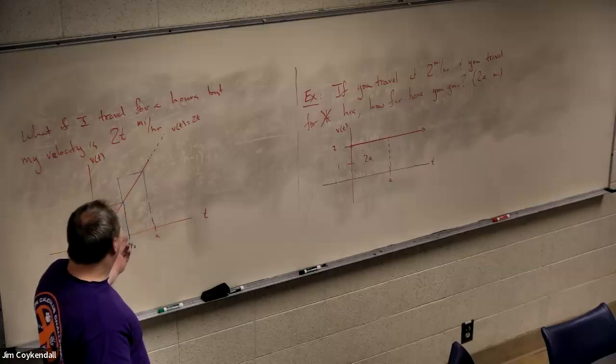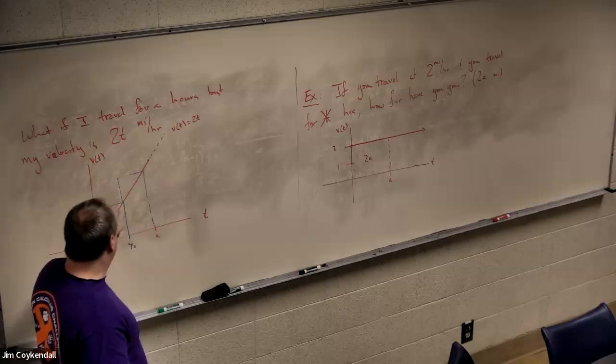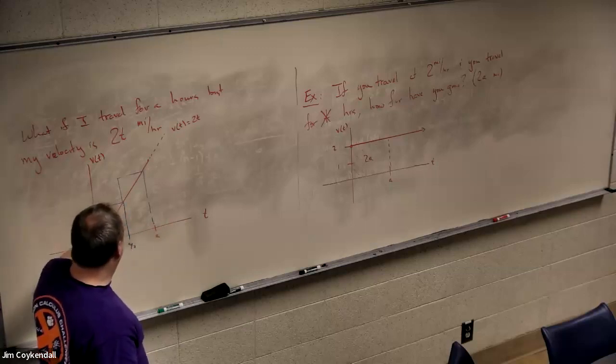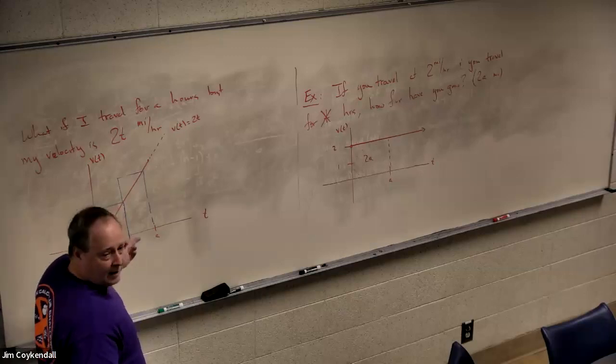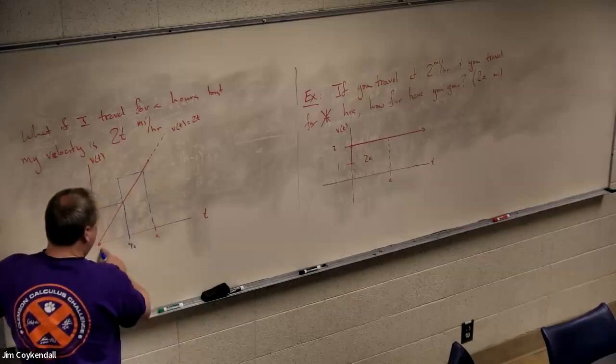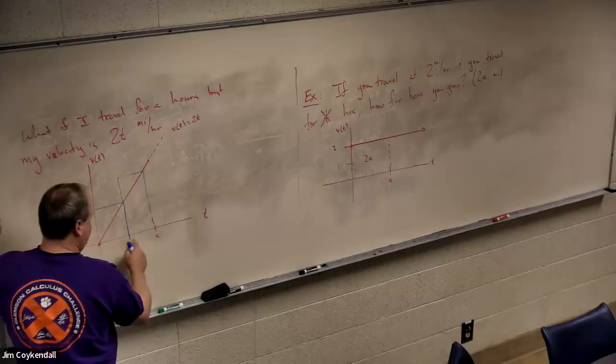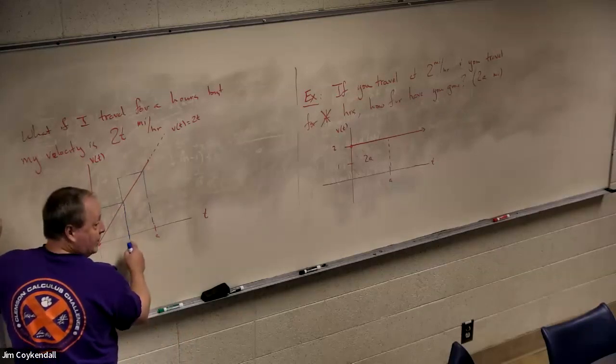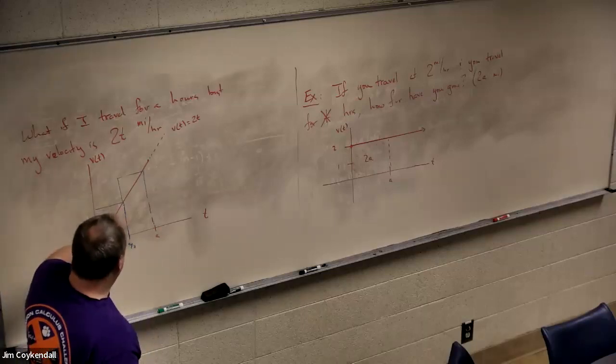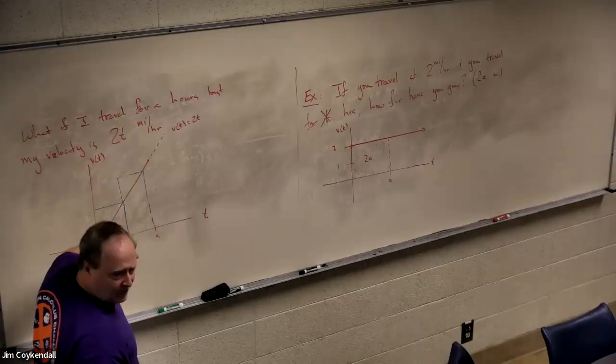So what I'm doing is approximating this triangle, which should be how far I travel, the area under it, by this box, right? Since my velocity is always changing, I measure my velocity right at the halfway point, a over 2, and I say, well, how far have I traveled?